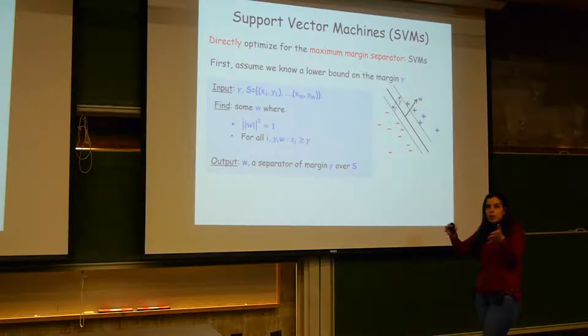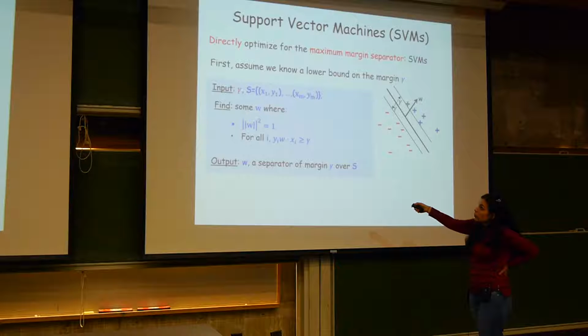If you remember, I mentioned that the margin of an example, when the length of W is normalized to have unit length 1, is exactly the absolute value of the product between that example and the normal vector. So I'm writing here the constraint that for all samples in my training set, I have as input a fully labeled training sample, and I have as input a lower bound of my margin gamma.